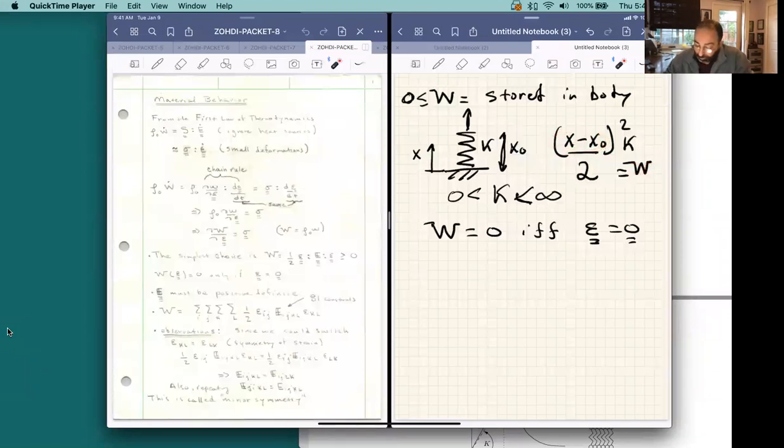Now, I want you as an exercise to go through the examples in packet number 8. In packet number 8, we go through a series of arguments that show that the implication of the stored energy always being bigger than 0, and only equal to 0 when the strain is equal to 0, is that the elasticity tensor, which is what we're going to introduce momentarily, must be symmetric.